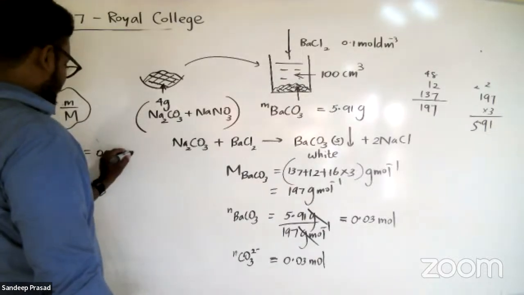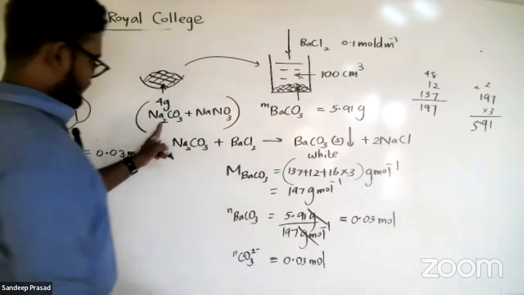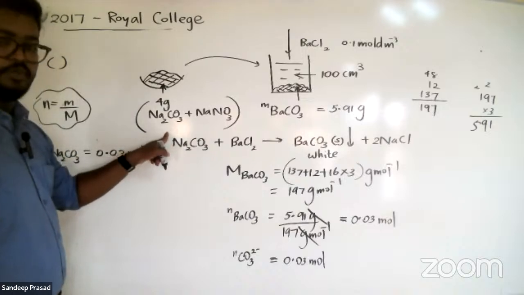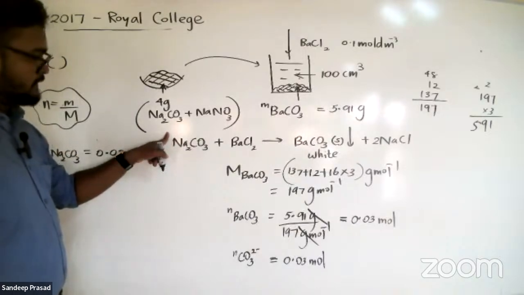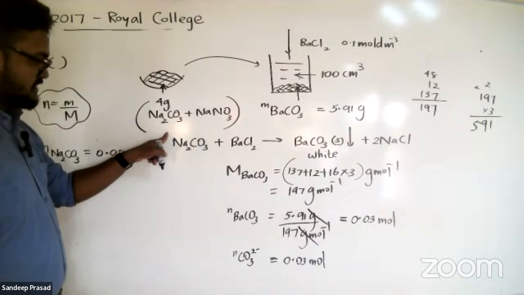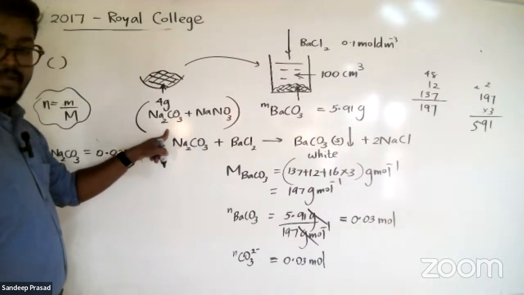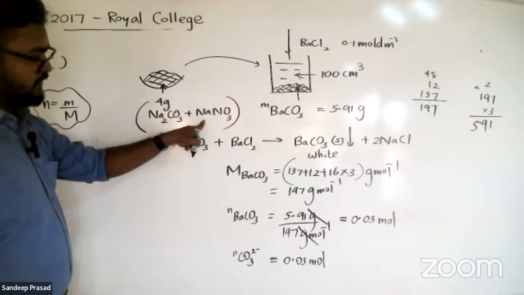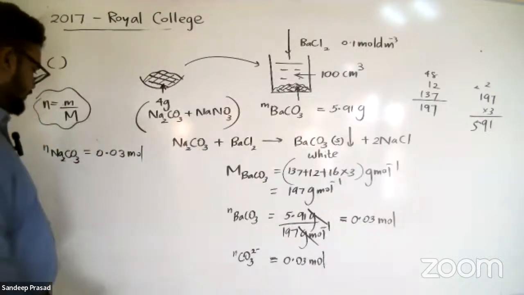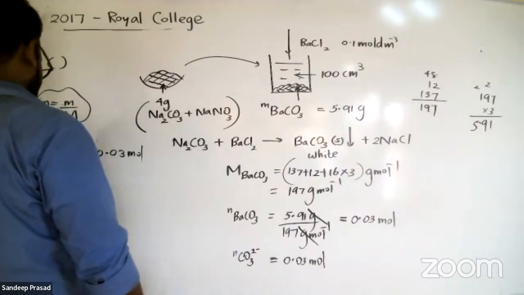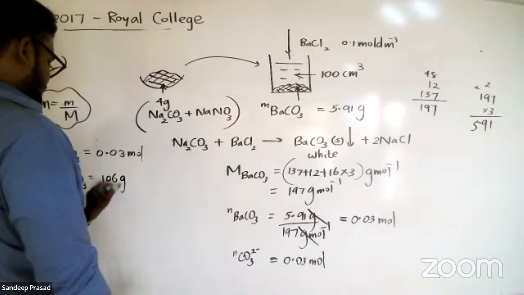So why are you finding sodium carbonate moles? Because they are asking mass percentage. So therefore, we need to find out the total mass. The total mass is given. We have to find out the sodium carbonate mass, then only we can find out the sodium nitrate mass. Okay? Molar mass of sodium carbonate is 106 grams per mole.